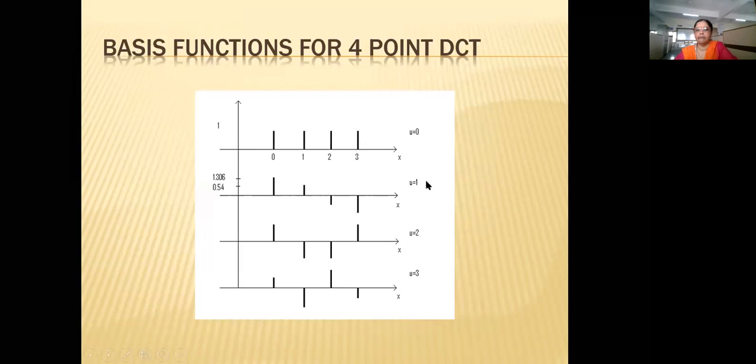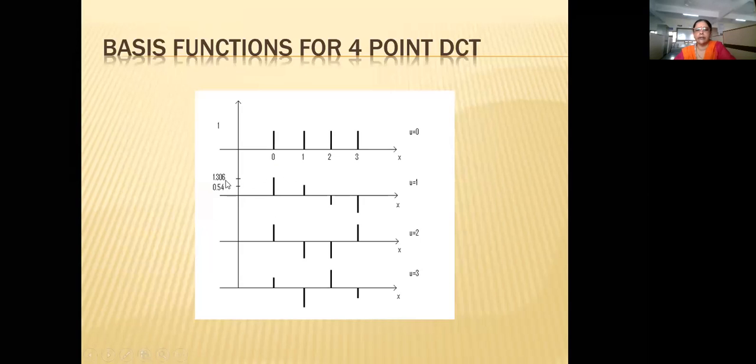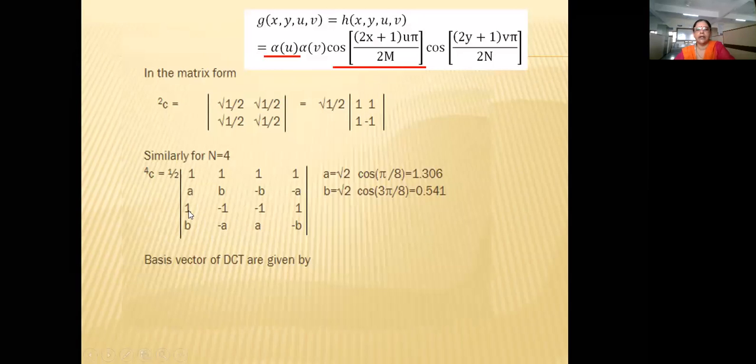When u is 1, we get the values a, b, minus b, minus a. Here a is 1.306, b is 0.54, minus b is minus 0.54, and minus a is minus 1.306. So these are the basis functions when u is equal to 1. Then the next basis function, when u is equal to 2, is 1, minus 1, minus 1, 1.